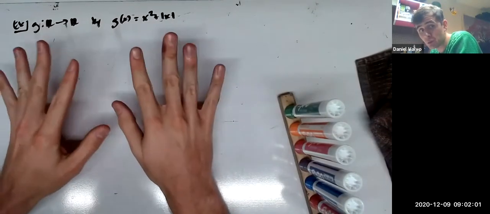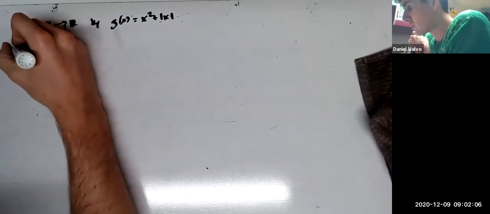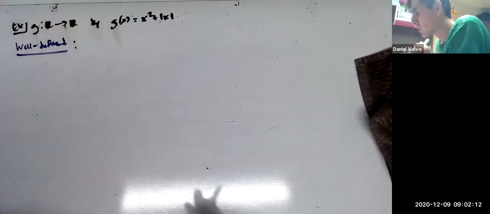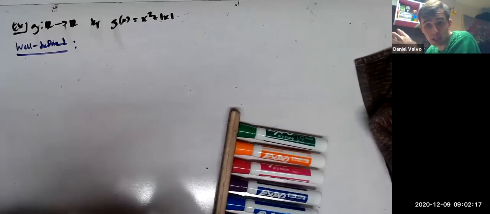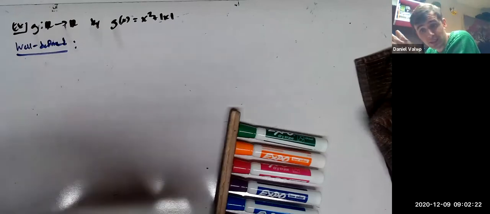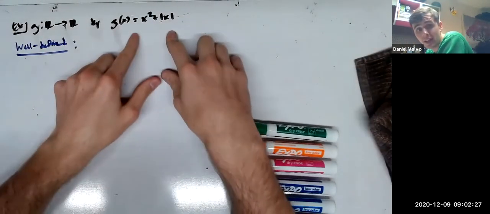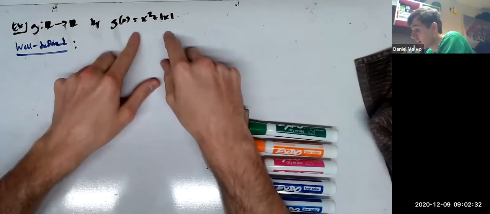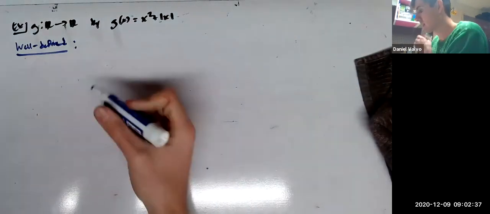So again, we're going to try to decide if it's well-defined, one-to-one, or onto. So let's do well-defined first. Is this function going to be well-defined? Well, remember, well-defined means that for any possible input, there's exactly one output, meaning it's defined everywhere, but it does not have multiple outputs. And functions will inherit the properties of their sub-functions. Here we have an x squared added to an absolute value of x.